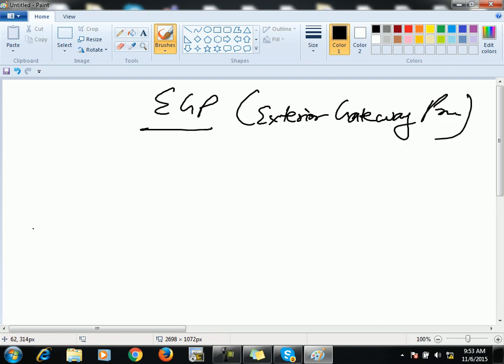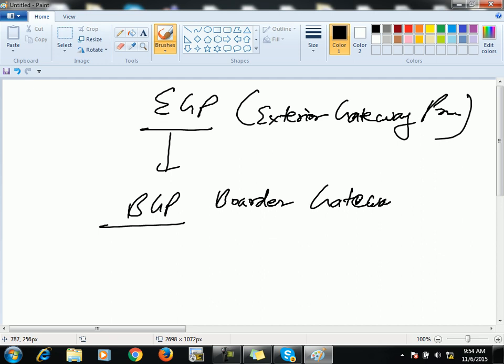But it did not have many features. Only some limited features were available in EGP, the Exterior Gateway Protocol. So finally BGP came, and BGP is an extended version of EGP itself. BGP is Border Gateway Protocol.